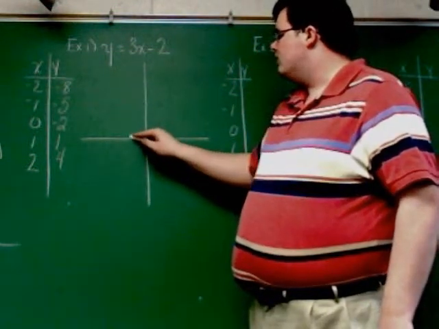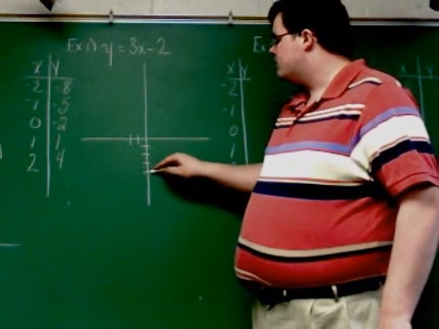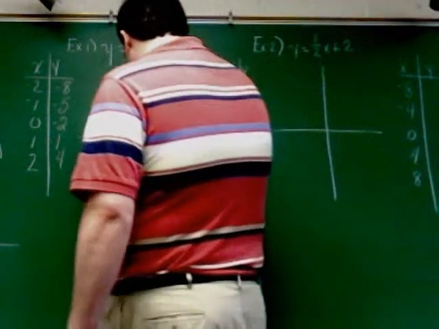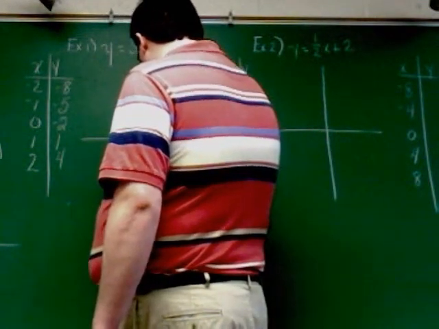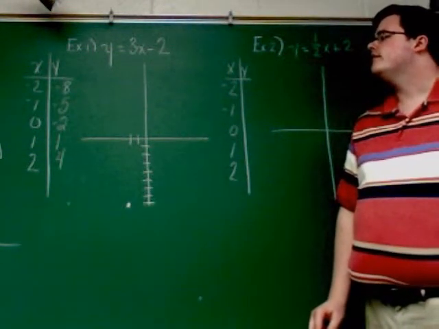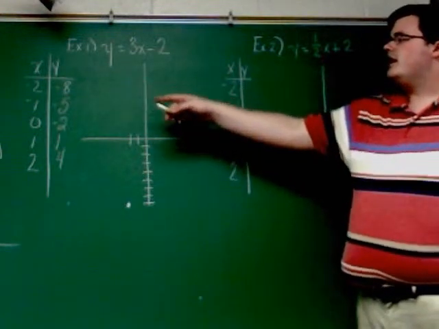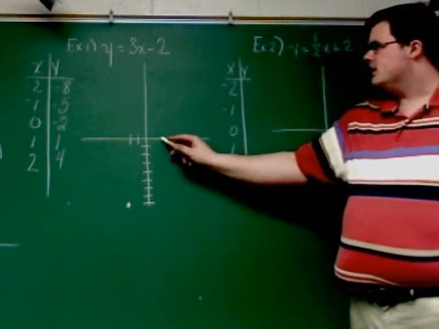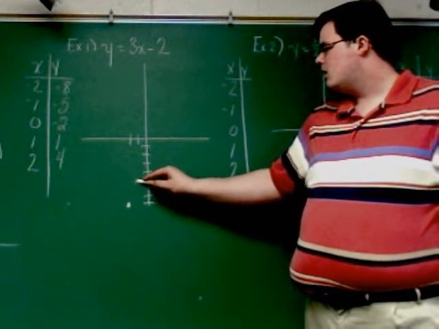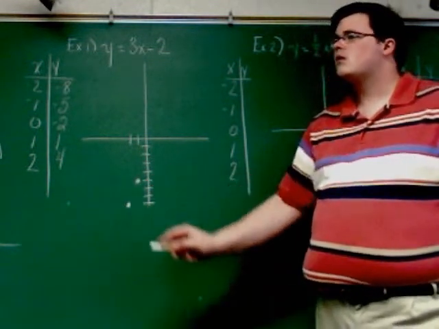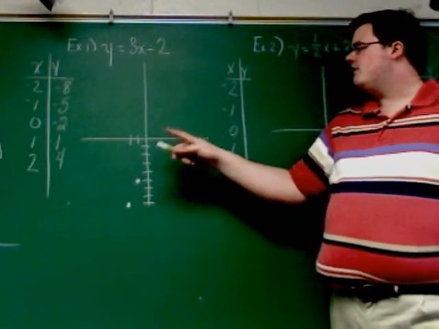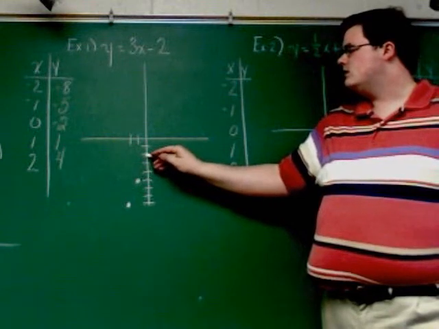From the origin, I go left 2 and down 8. -1, -5 means I go left 1 and down 5. Zero, -2 means I don't go right or left, I just go down 2.